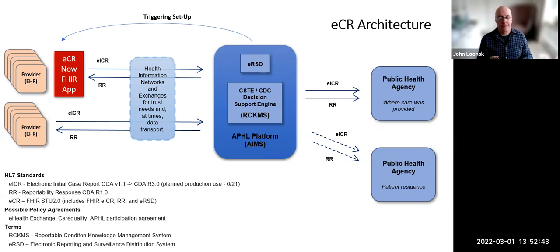Yeah, you touched on a number of things that are really important. The first one, I would say, is that electronic case reporting is a requirement now of healthcare organizations, not necessarily of public health.